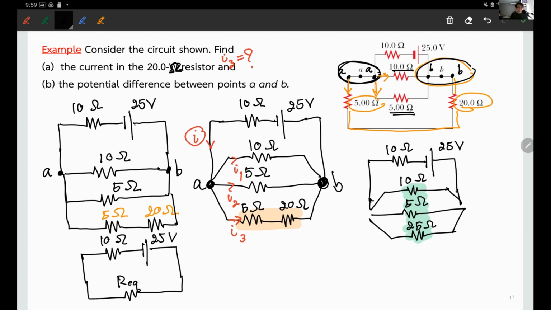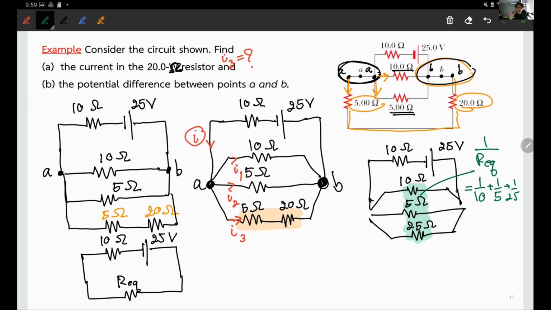Let me call it R equivalent for now. That R equivalent can be found from here because they are in parallel. So 1 over R equivalent is just going to be 1 over 10 plus 1 over 5 plus 1 over 25. You guys with me?